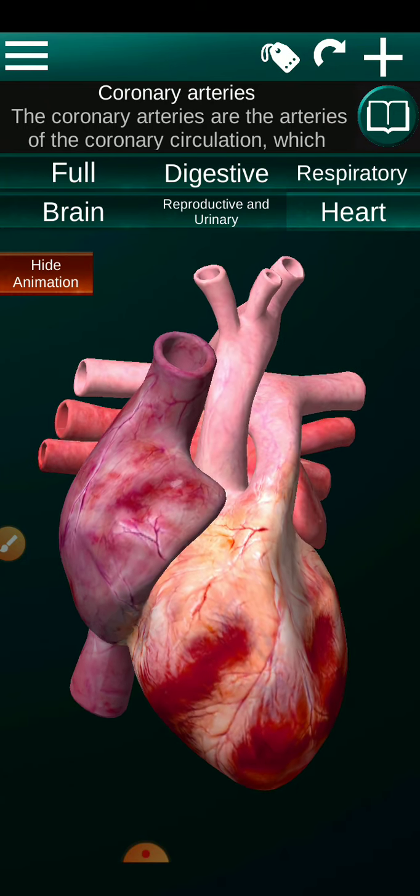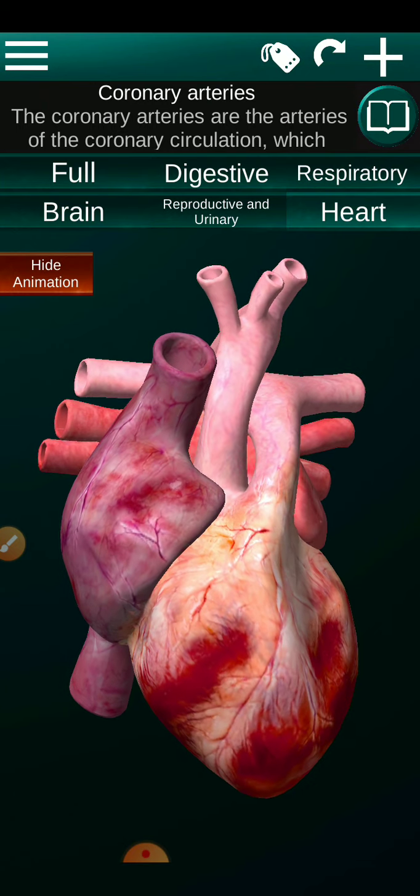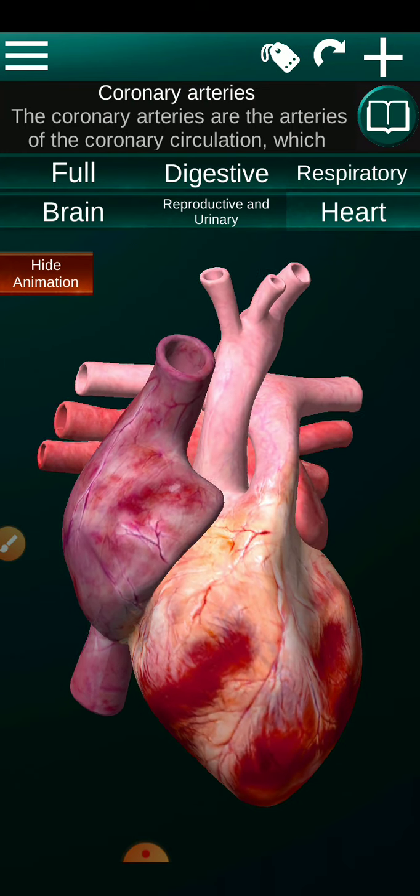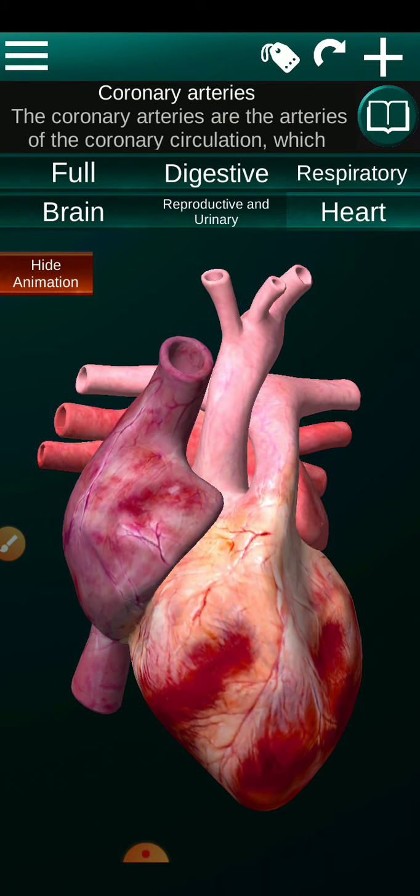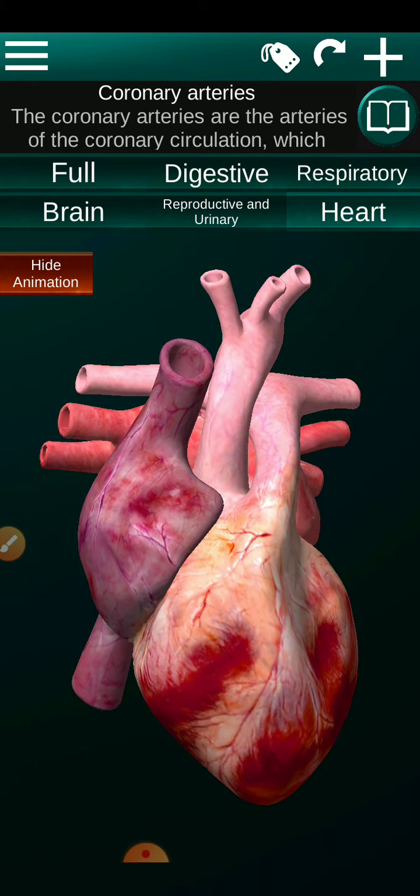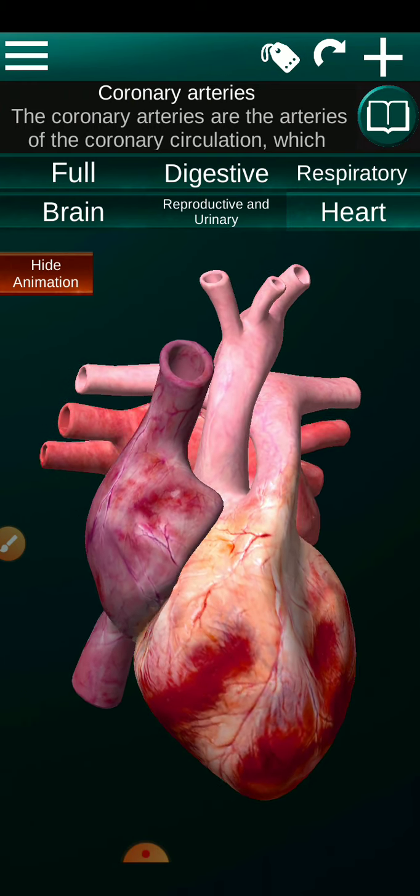They continuously work without any rest. Now the contraction and relaxation are caused by these muscles, and due to contraction and relaxation the blood is filled in the heart and then pushed into the different vessels.